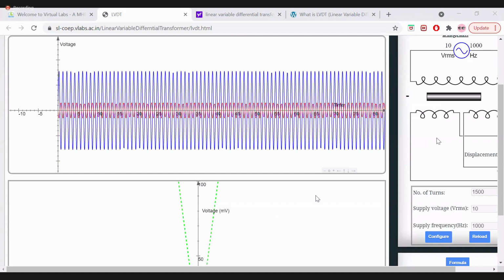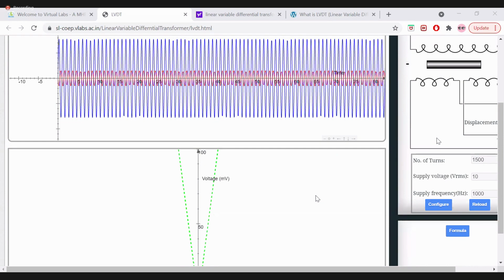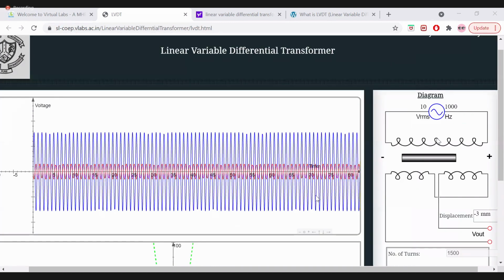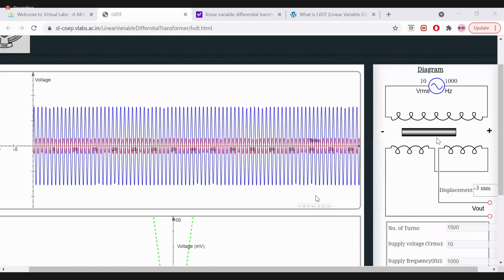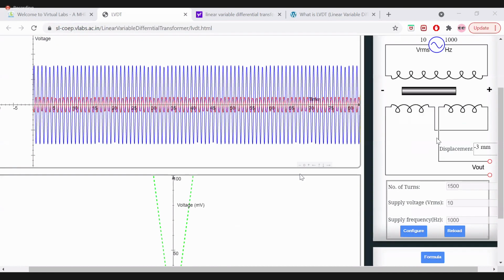A linear variable differential transformer has a core and it has two coils, a primary and a secondary coil. The core is movable, and the position of the core is responsible for varying the differential voltage of the two secondary coils.